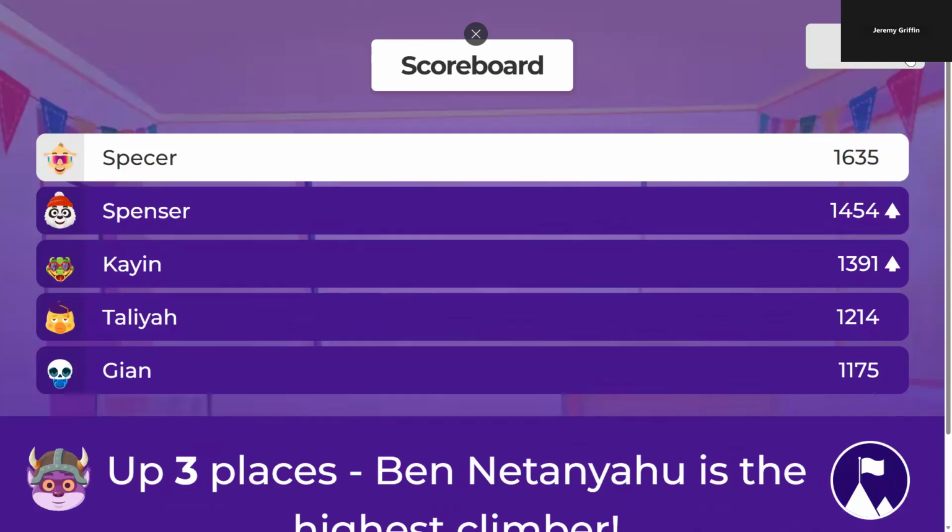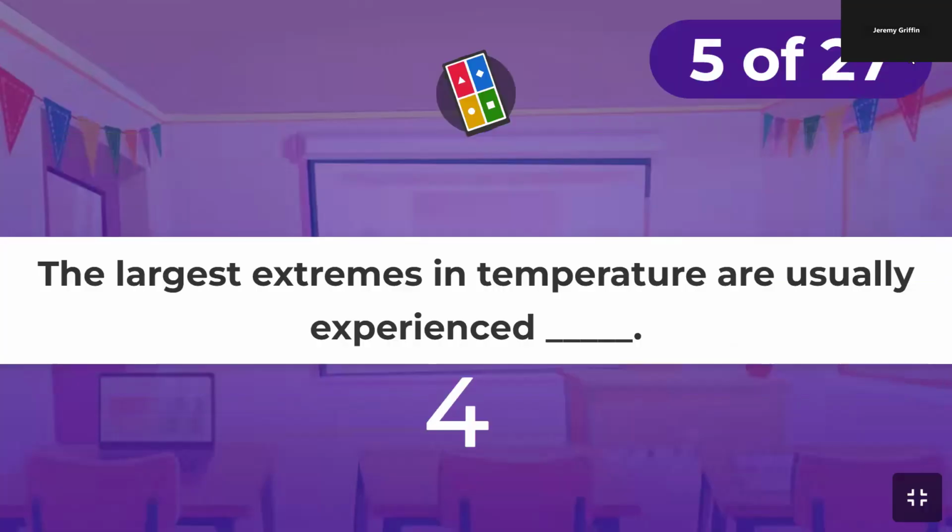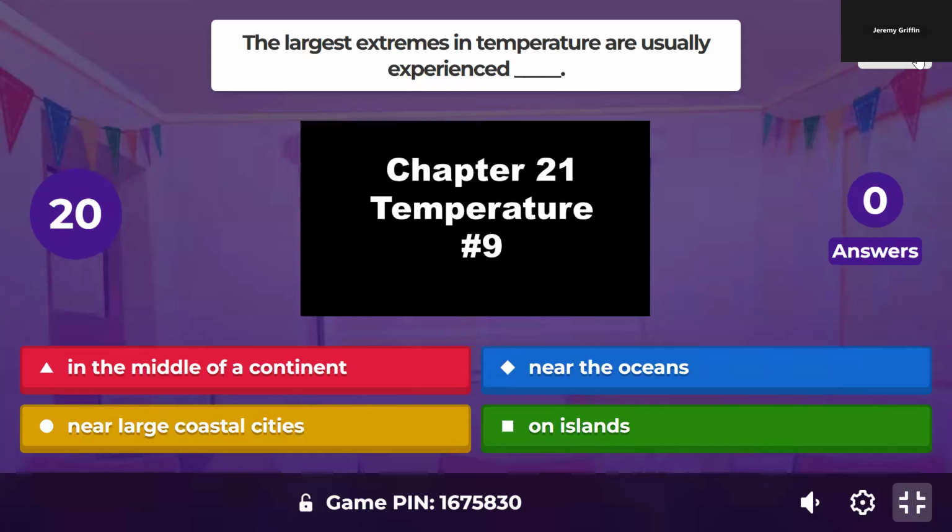The largest extremes in temperature, like the largest swings, differences.